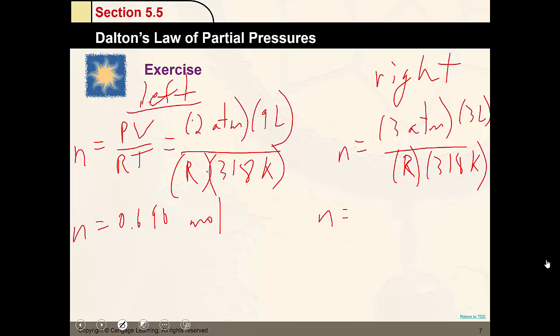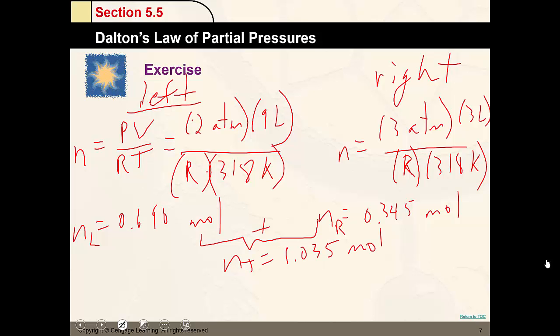And when we do all that, we get the number of moles of 0.345. So now we have the number of moles on the left and on the right. To get the total number of moles, just simply add them together. So our total number of moles would be 1.035.